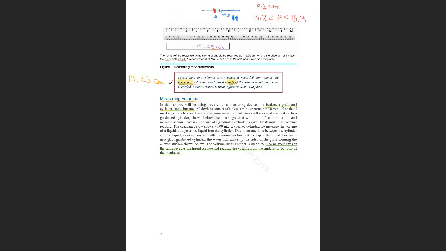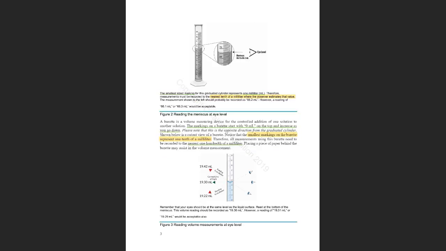A beaker, when you measure the volume with a beaker, the volume is not going to be that accurate. It's basically the idea of a beaker is to hold temporarily an amount of liquid. So we are going to have a beaker, but the beaker is something like that.